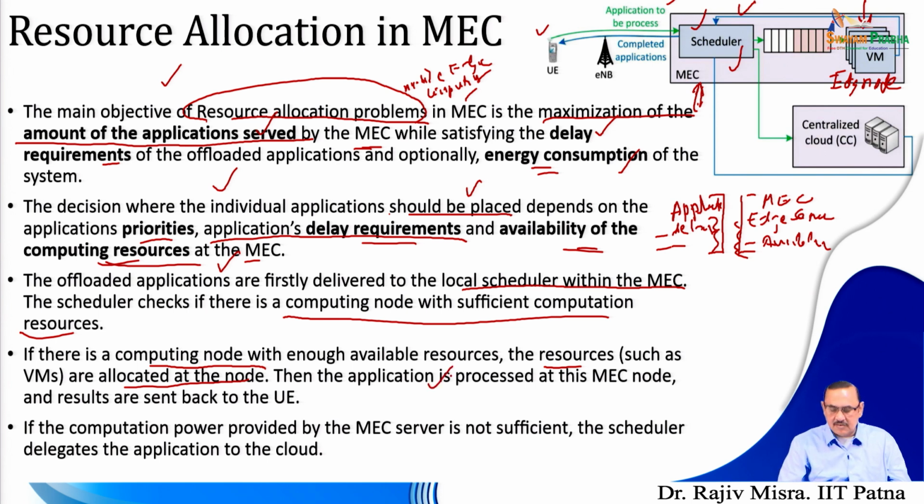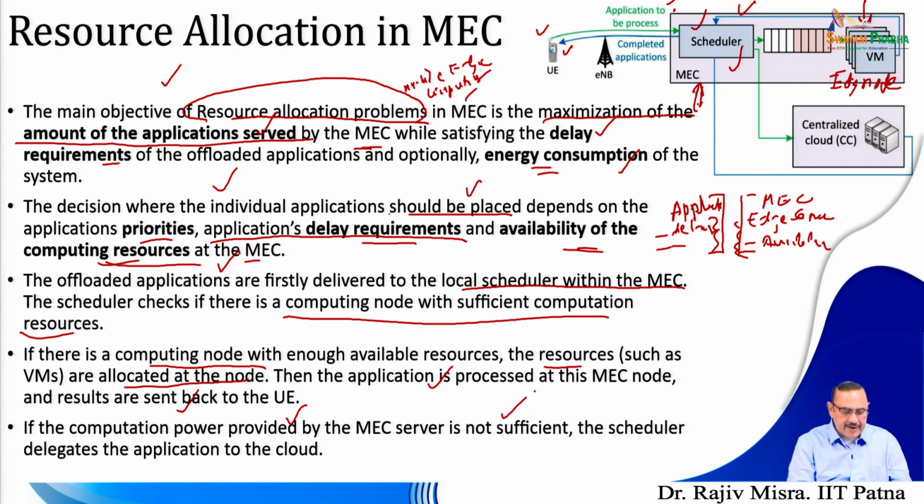Then the application is processed at this MEC node and the results are sent back to the UE. So, you can see that once the VMs are allocated to that particular user equipment's application, it will be computed and the results will be returned to the user equipment.